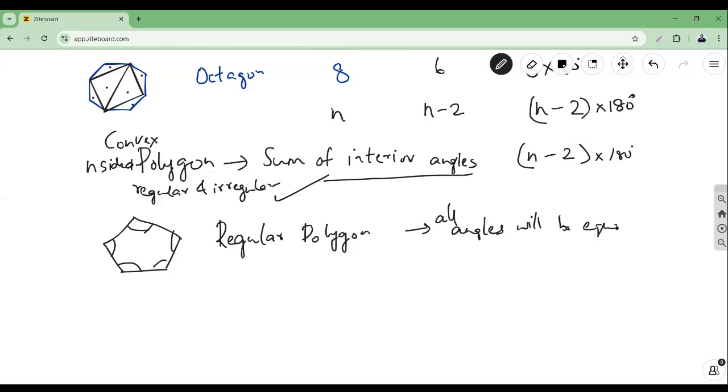If there are n sides, there are going to be n angles, and all the angles are equal.